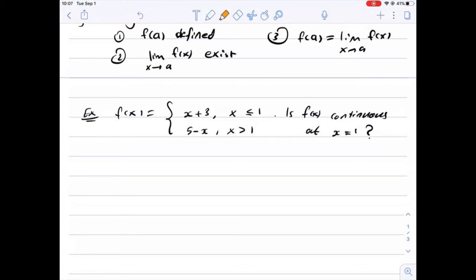As you can see, around 1 the function is defined by more than one rule. So when the values of x are less than or equal to 1, we plug into this part of the function. When x is greater than 1, we plug into 5 minus x. That's why the function is called piecewise defined. When we graph it, we get a graph that consists of two pieces, or two rules of the function.